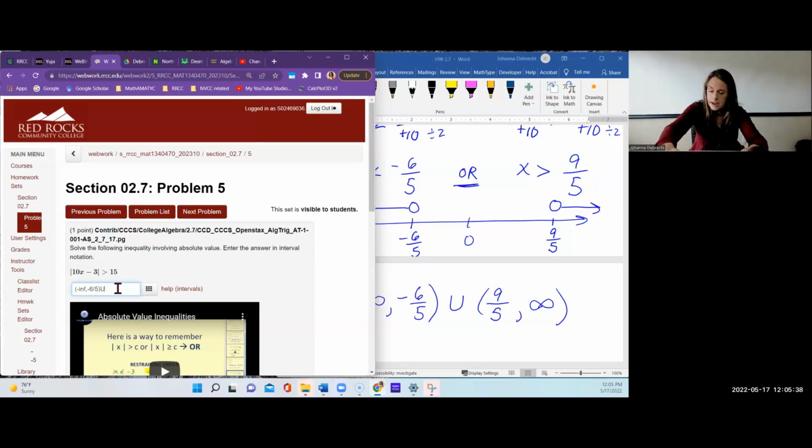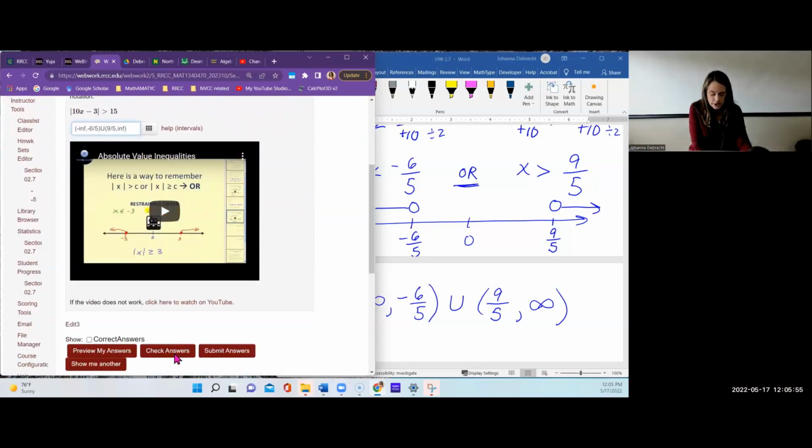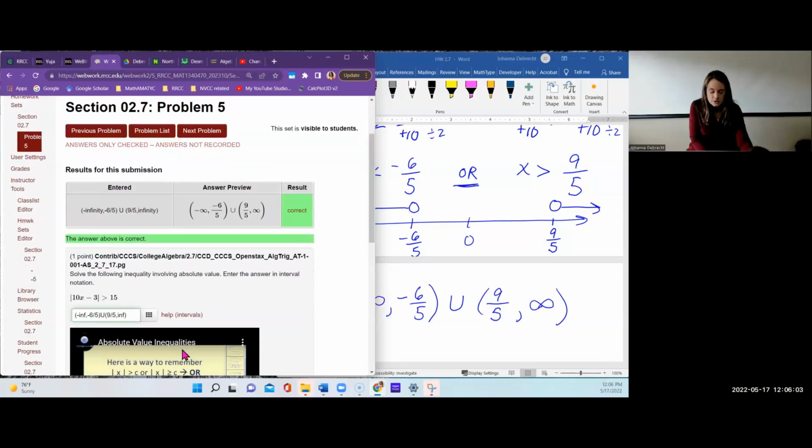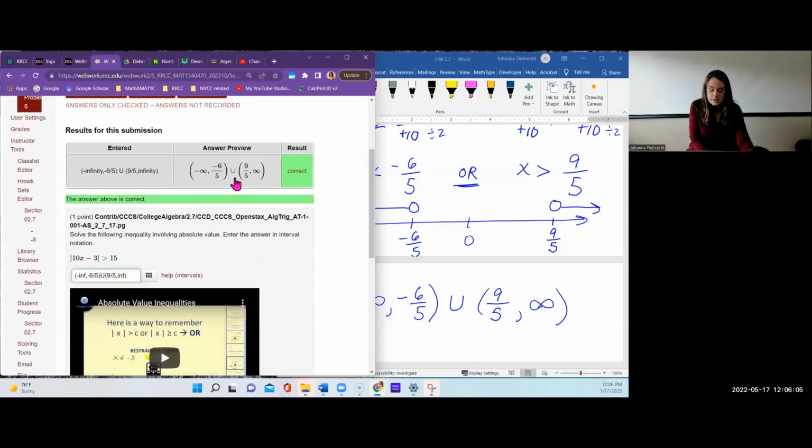And then we have 9/5, comma, infinity. And always with infinity and negative infinity, we use round parentheses. Let's see when we do check answer if it interpreted our answer in the same way we meant for it to be interpreted. And it did. And it also took the uppercase letter U as the union symbol that you see here.